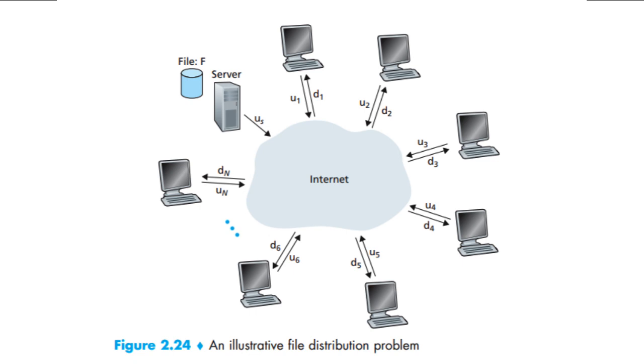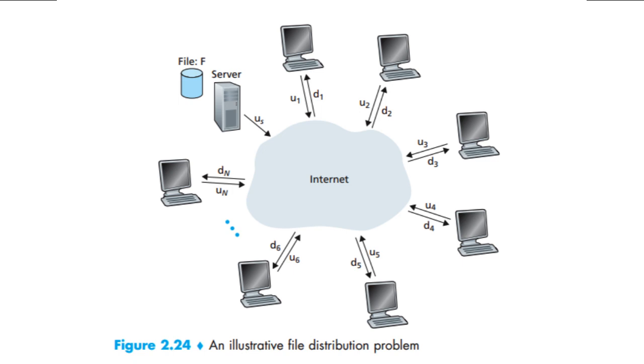We see from equation 2.1 that for N large enough, the client-server distribution time is given by NF/u_s. Thus, the distribution time increases linearly in the number of peers N. So, for example, if the number of peers increases a thousandfold from a thousand to a million, the time required to distribute the file to all peers also increases by a thousandfold.